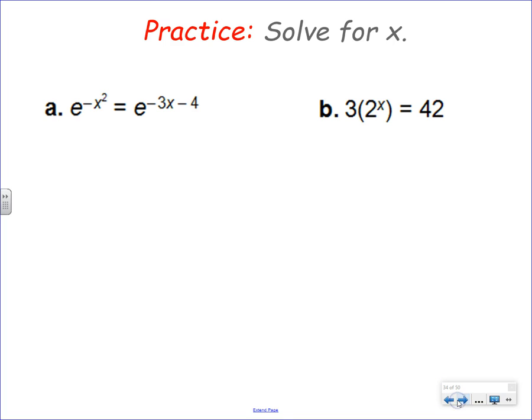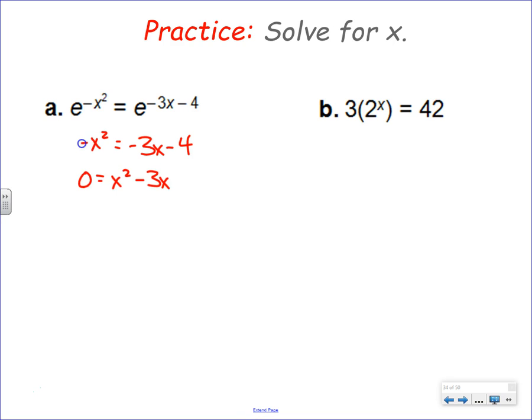So here we go. What can I use for letter A? Can I get all the exponentials alone? No, they're all over the place. Okay, fine. Can I use the one-to-one property? Yes. So what can I do? Ignore the e to the power of, it doesn't make a difference. How do I solve?